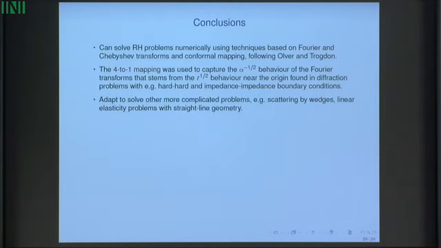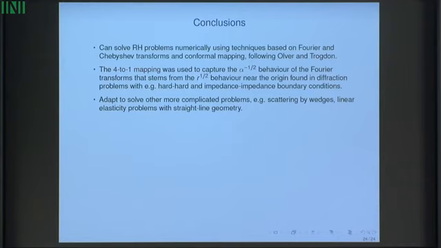If we want to treat more complicated structures, for example the Rollins problem, where the behavior near the origin was a quarter power, then in that case we can consider an 8-to-1 mapping.